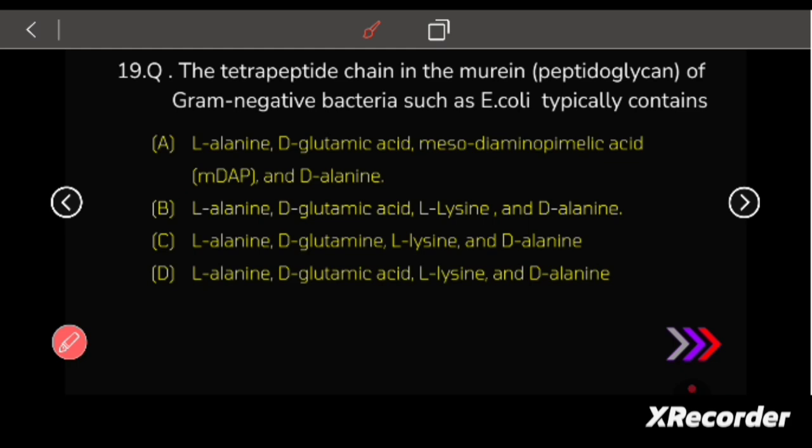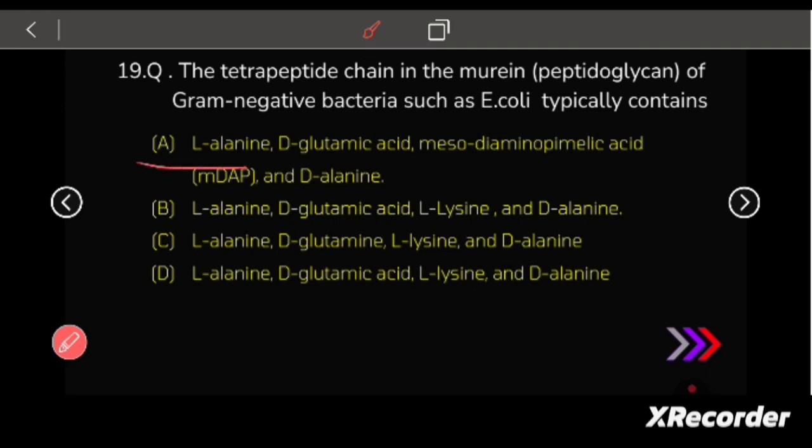Question number 19. The tetrapeptide chain in the peptidoglycan of gram-negative bacteria such as Escherichia coli typically contains: A. L-alanine, D-glutamic acid, meso-diaminopimelic acid and D-alanine, B. L-alanine, D-glutamic acid, L-lysine and D-alanine, C. L-alanine, D-glutamine, L-lysine and D-alanine, D. L-alanine, D-glutamic acid, L-lysine and D-alanine.